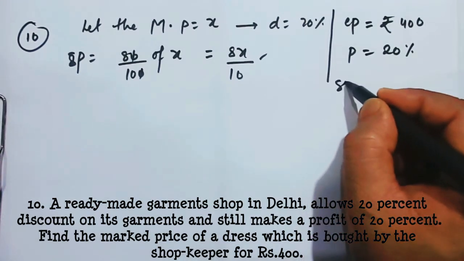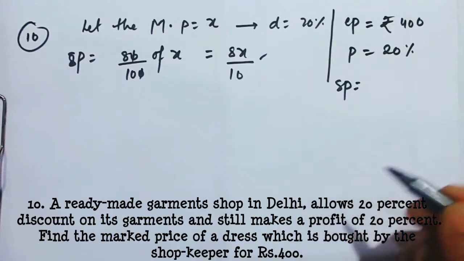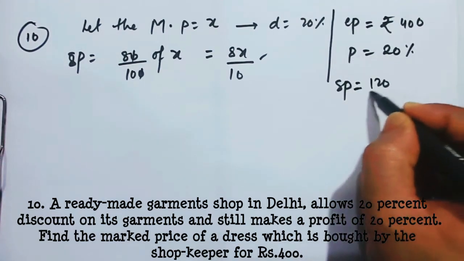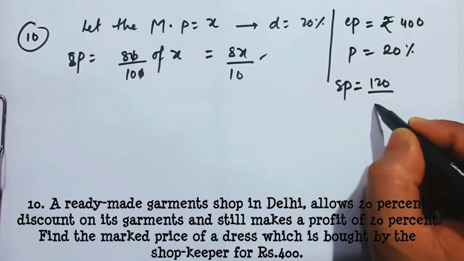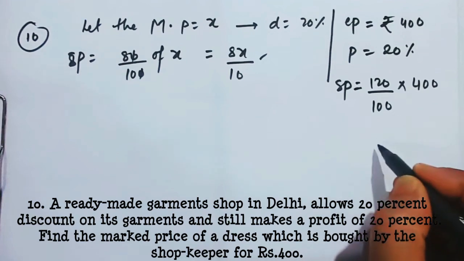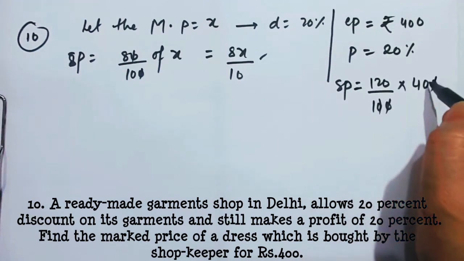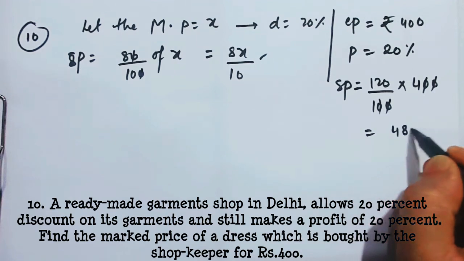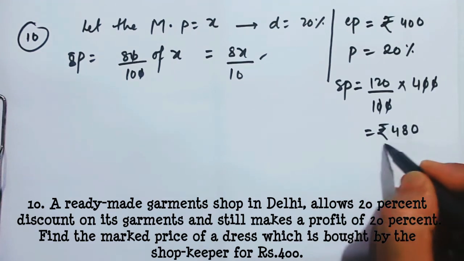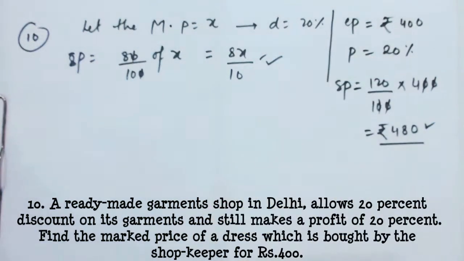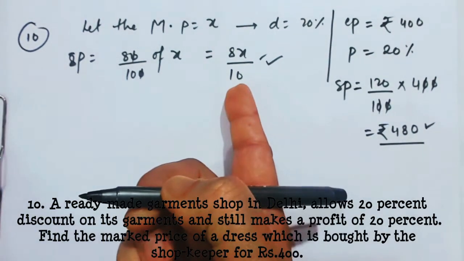Naturally, what will be the selling price? Use the selling price formula: (100 plus profit percent) by 100 into the cost price, that is 120 by 100 into 400. What are you going to get? 12 fours are 48, so 480 is the selling price. Now this selling price and the earlier selling price are the same.